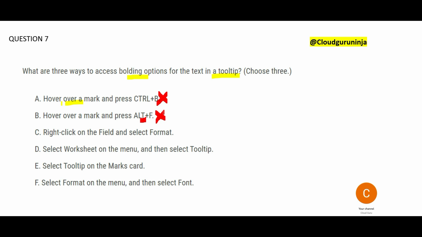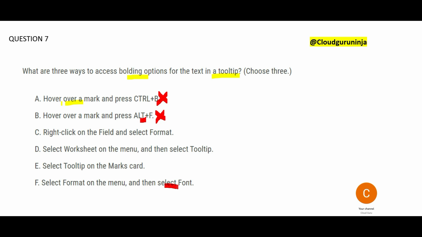And then C says you right click on a field and select format. If I do that, after format, what? See, if you see other options, they are a bit clearer. They say that you select format on the menu and then select font and things like that.